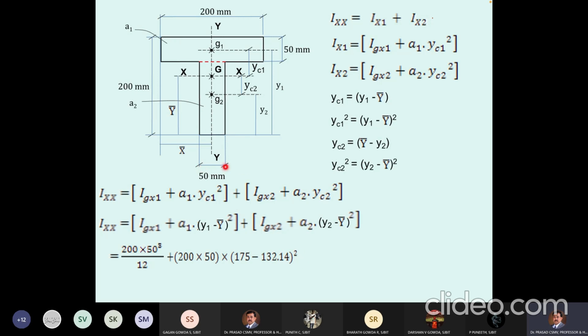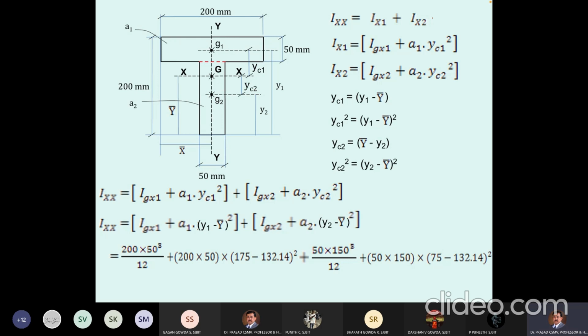But the breadth is 50 mm and the depth is 150 mm. And A2 will be 50 into 150, and the distance between G2 and G will be YC2, which is nothing but Y2 minus Y bar whole square.